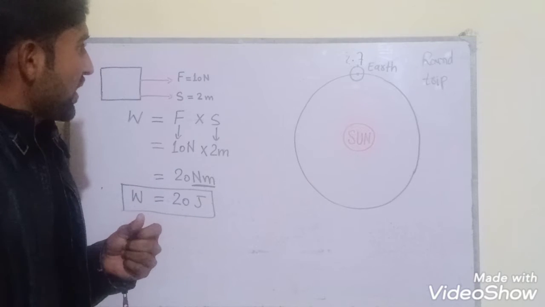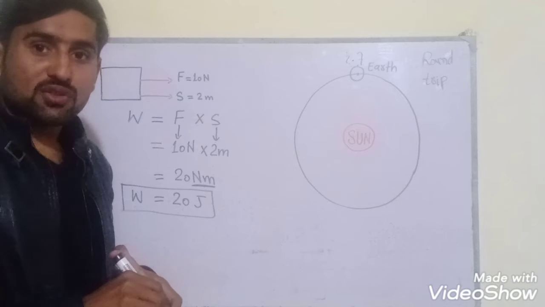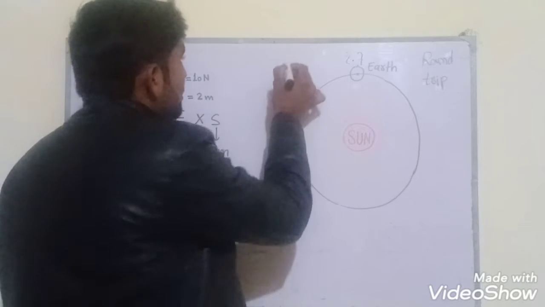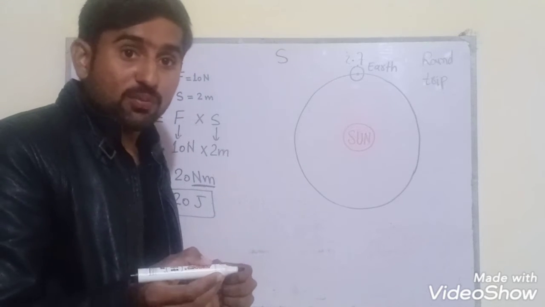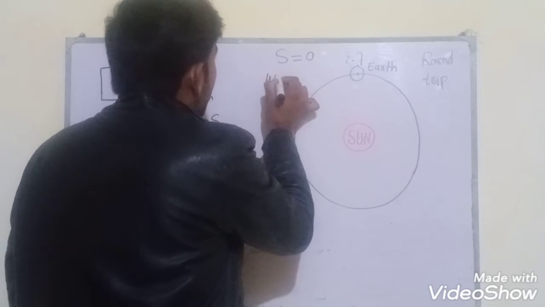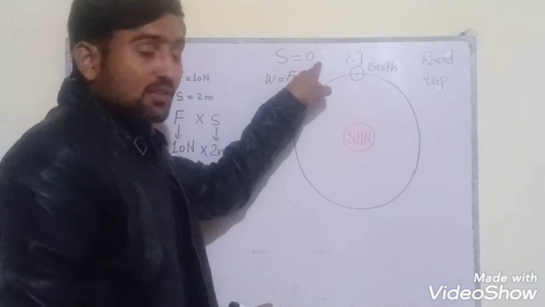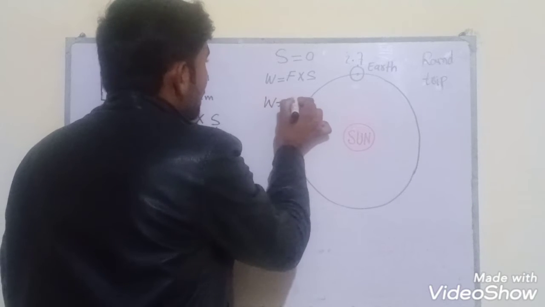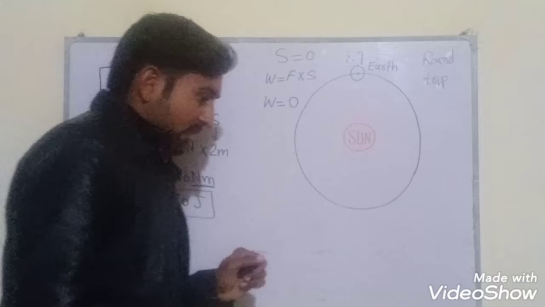We note that the initial and final positions are the same, hence there is no distance between them, and displacement is equal to 0. Earth revolving around the Sun in a round trip has displacement 0. And we have the formula for work done, F cross S. Displacement S is equal to 0 and hence the work done is equal to 0.